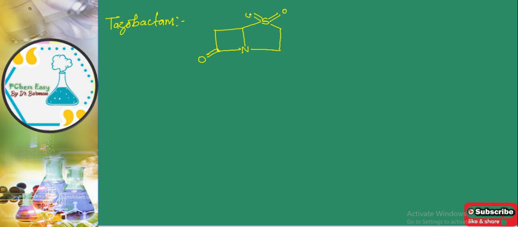This is the Sulbactam, and in case of Sulbactam, it was having two methyl groups. So here, one methyl group will be replaced by, let me draw first, then we will explain.